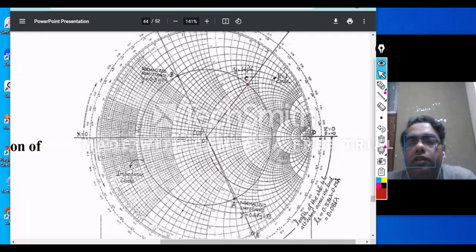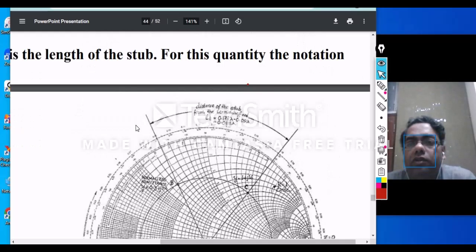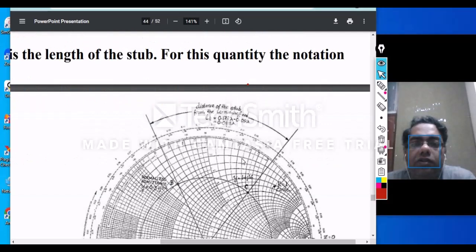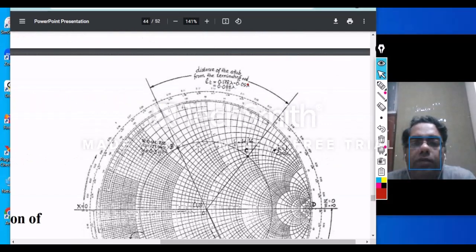And for this point C, how much we have traveled to come from point B to C, we can get from the outer scale, which is calibrated in wavelength. We have to look at the wavelength towards generator, the outer scale, and you have to subtract.